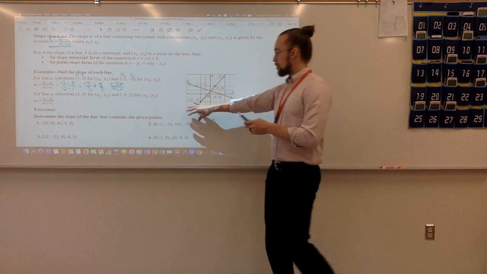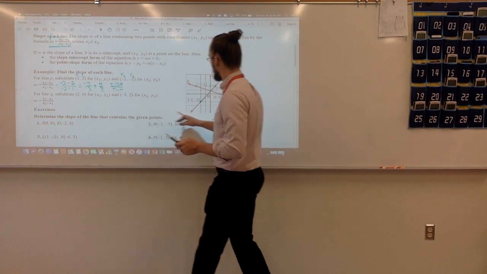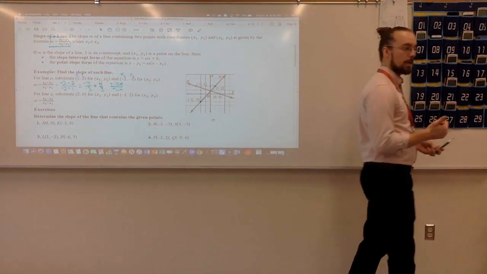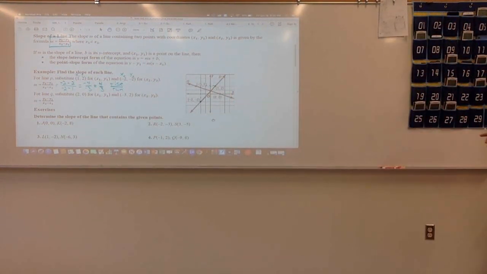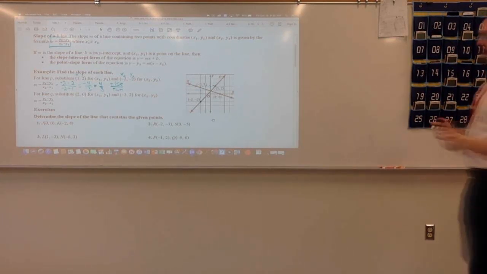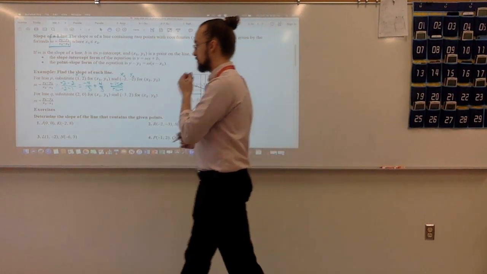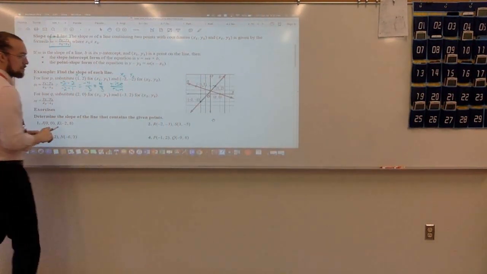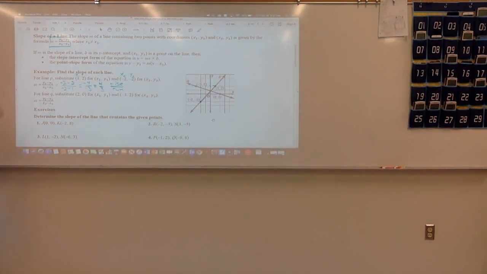Go ahead and try the same thing for line Q then. Calculate the slope: y2 minus y1 over x2 minus x1. I believe that's what it's going to be.